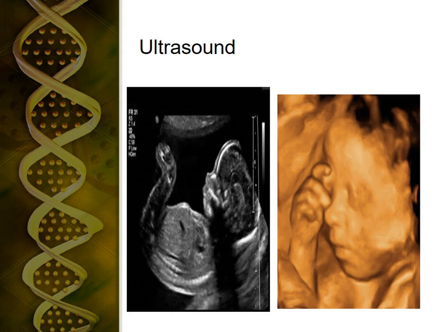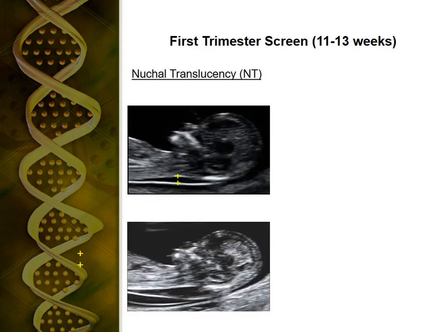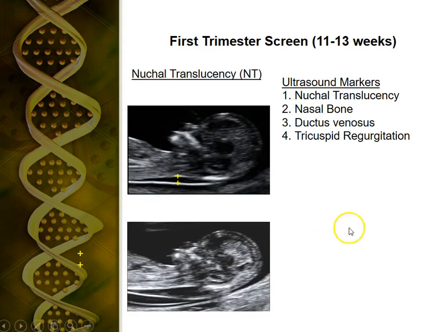Ultrasound is a non-invasive method to look at the baby. And here's a 2D, and here we have even a 3D ultrasound in the womb. Between 11 and 13 weeks, we can actually look at a number of markers of the fetus and make determinations as far as the risk of having a chromosomal aneuploidy.